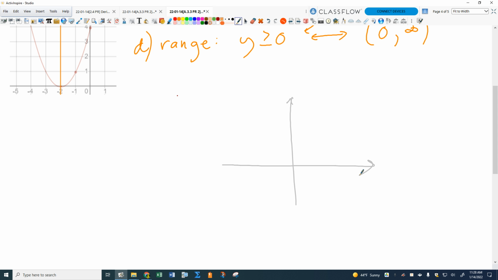If I've got a function that's opening up like that, then the function's going to be increasing as the ant leaves the vertex. If an ant's walking in the positive x direction, it's always going to be increasing for the values of x greater than h, greater than the x coordinate of the vertex, right? It would be increasing there, right?